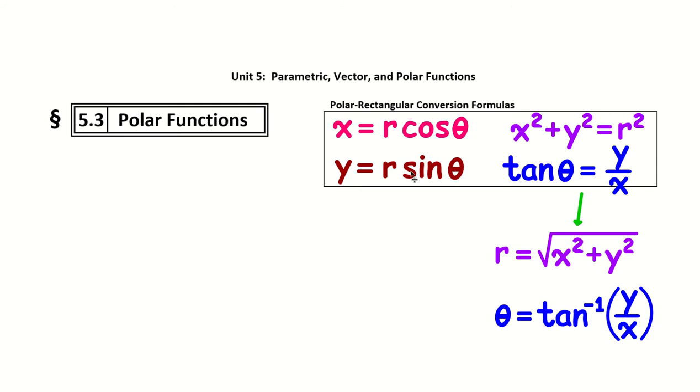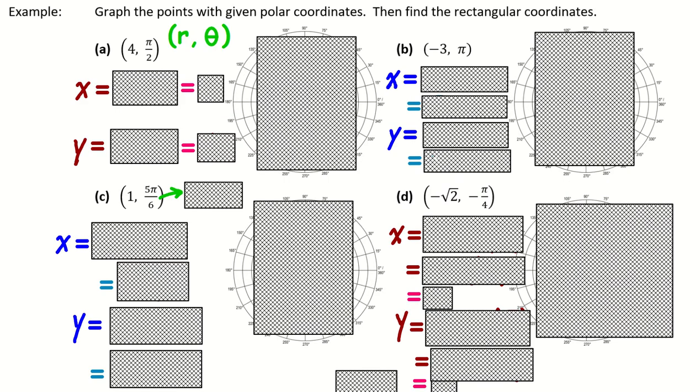Kind of like how these over here both started as something a little bit different and more recognizable. Like this one here in pink, you might recognize it better as the cosine of theta equals x over r. And the sine of theta here in maroon equals y over r. Anyway, I probably talked about that to death.